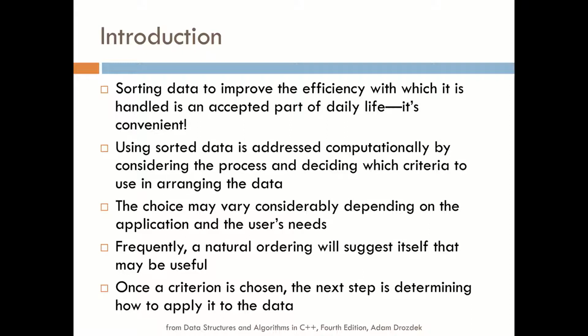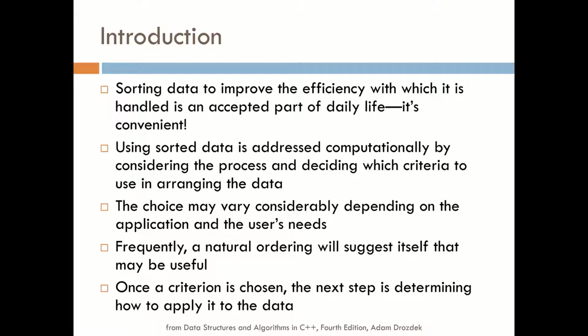So we will take the natural ordering, and if we're dealing with numbers, that's primarily going to be the values of the numbers. If we're dealing with text, that's usually the alphabetic ordering of that text.